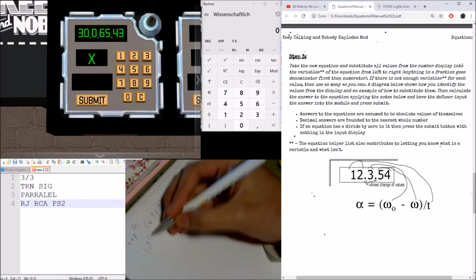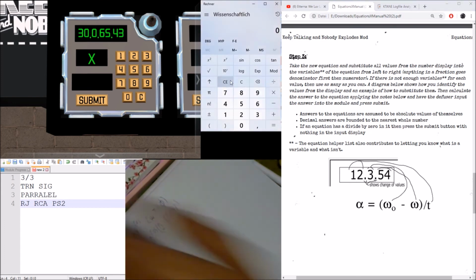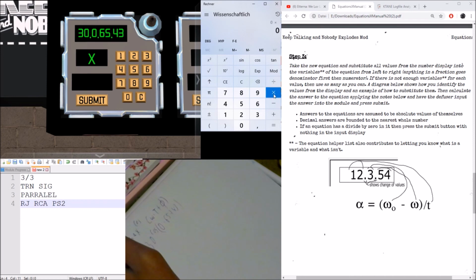So you cosine 30 of the parentheses. Now you calculate it: 0 times 65 plus 43. There we go. You have 43, cosine, times 30.